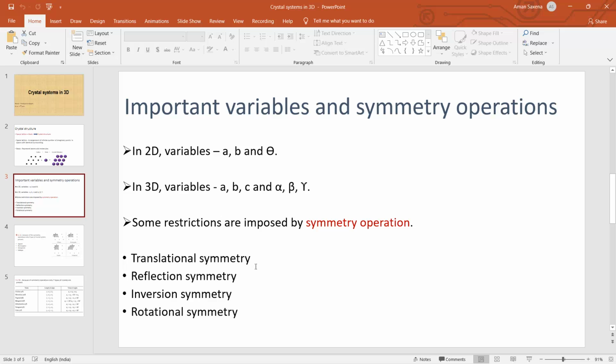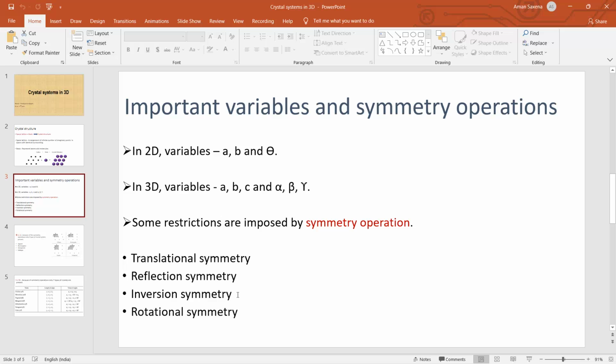These are the translation symmetry, which operates on a lattice point, and the second one is the reflection symmetry. To reflect a lattice point we need a plane, so reflection symmetry is a 2D operator. For the inversion symmetry, we need a point, so it is a zero dimensional operator.